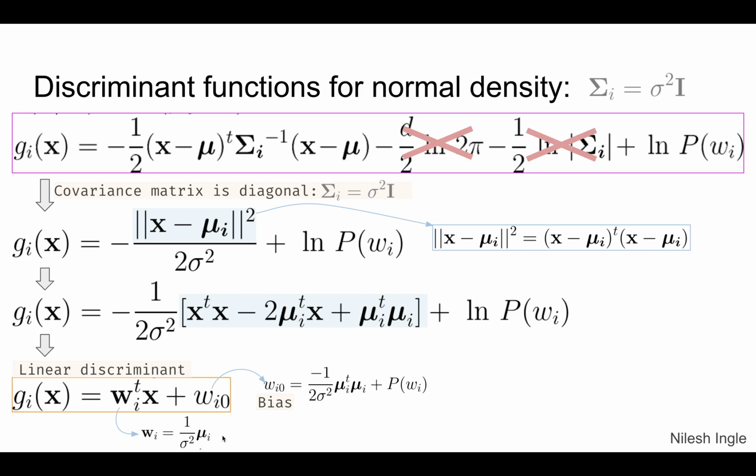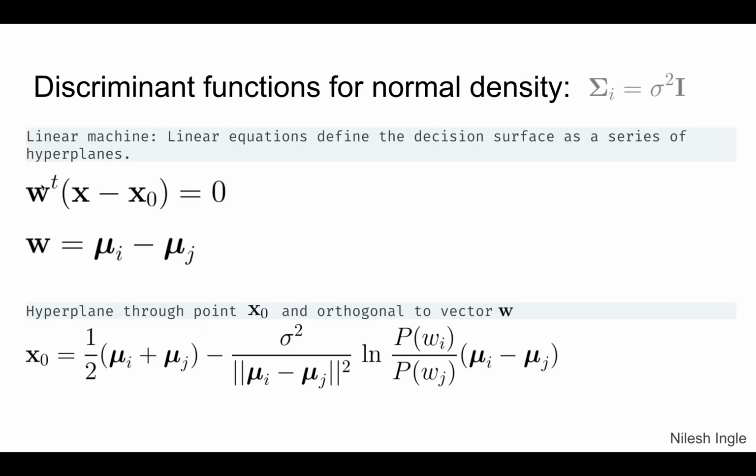And now using that relation for the normal density, what we have here is w transpose into x minus x0 is equal to 0.